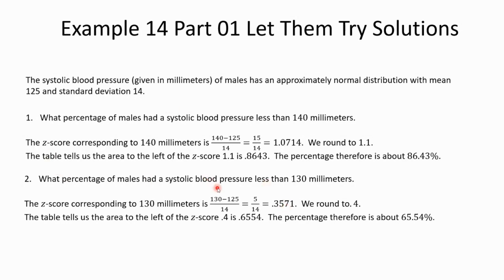So in this case, the percentage of males who had a systolic blood pressure less than 130 millimeters, what we found was we got the z-score. The area to the left of that z-score is approximately this. So the percentage of males, the percentage of data values less than 130 millimeters, is about 65.54%.